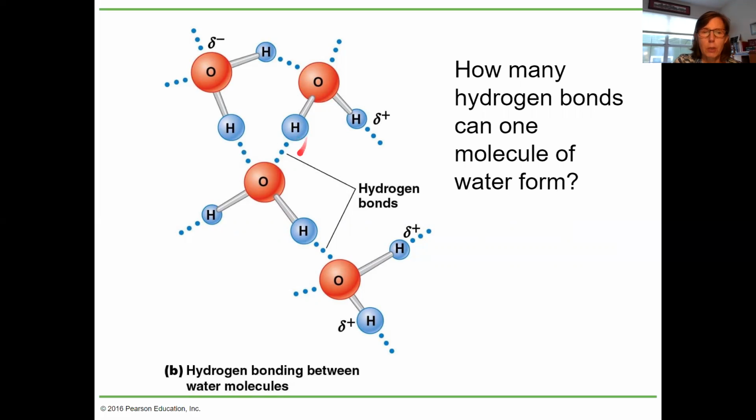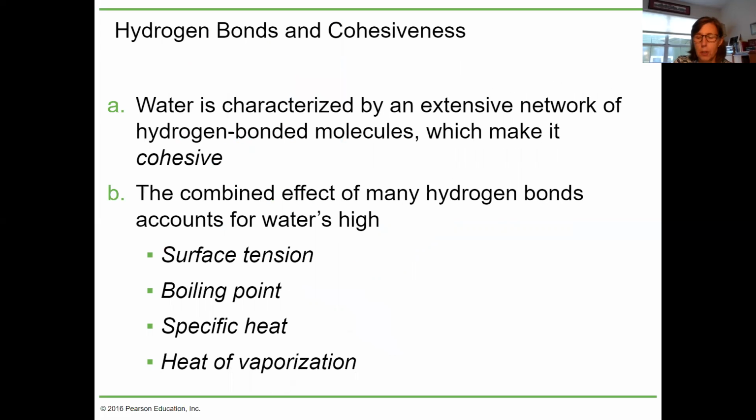So let's take this one here. This water molecule interacts with how many other different molecules? You can see the oxygen interacts with 2 hydrogens, whereas each hydrogen interacts with other oxygens. So 4 hydrogen bonds per water molecule is what is typically seen in solutions.